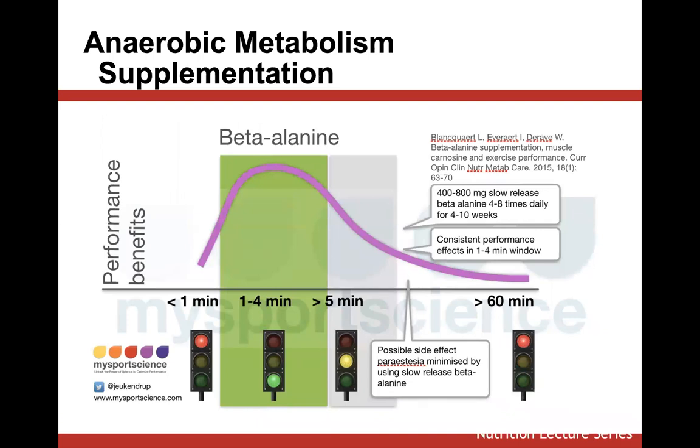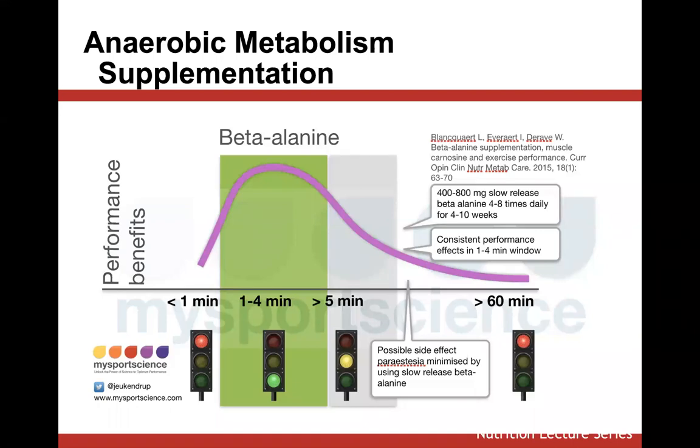Now, let me back up here for a second. The reason that beta alanine is such an important buffer is because we're talking about that glycolytic pathway, that duration period. And what we find is beta alanine does cross over a little bit into the high aerobic system.